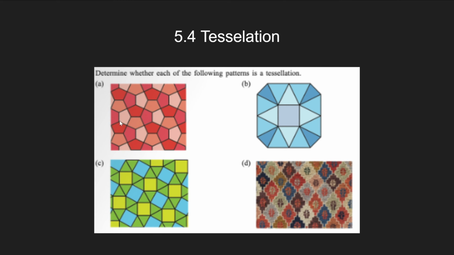You can see this pattern of pentagons is side to side with each other. For question B, it is not a tessellation because it has a shape which does not reoccur, which is a square. So here is a square, but then there is a triangle on each of them. So it's not a tessellation.